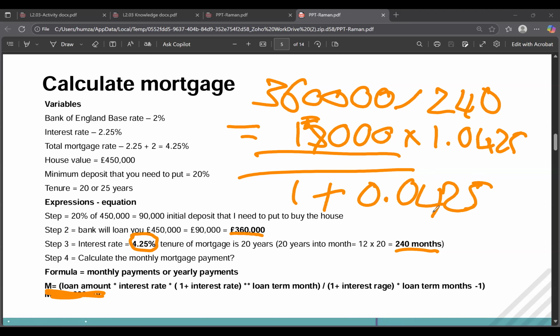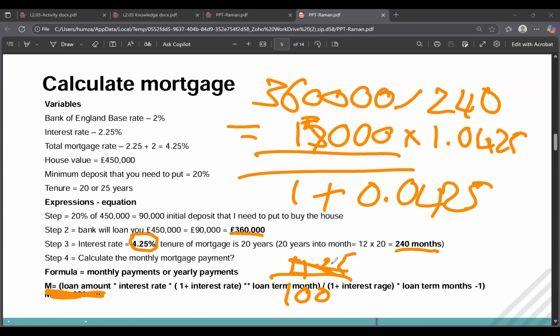Yes, because 4.25% is 4.25 divided by 100. It becomes 0.0425.